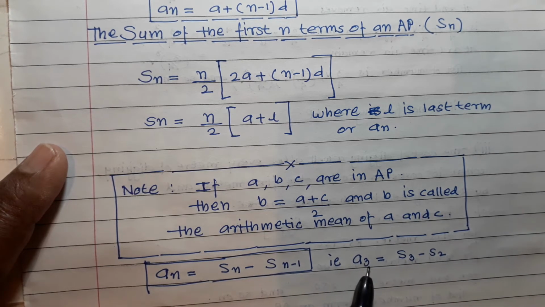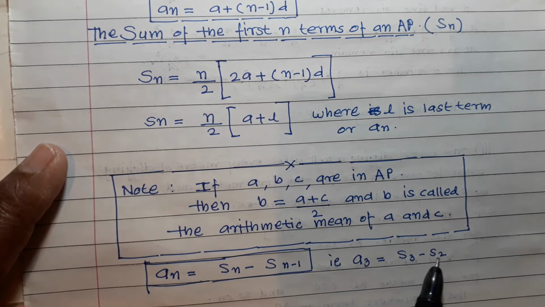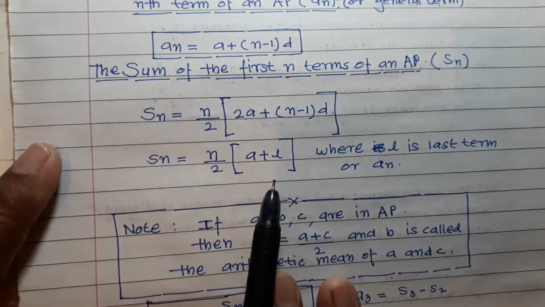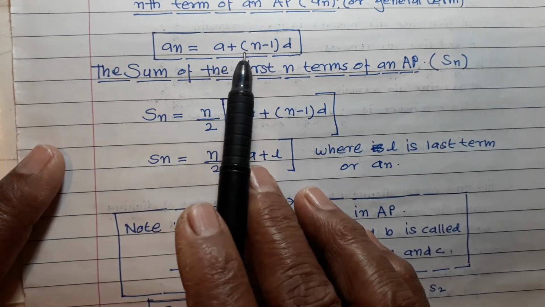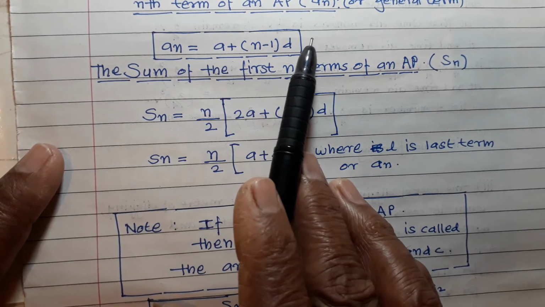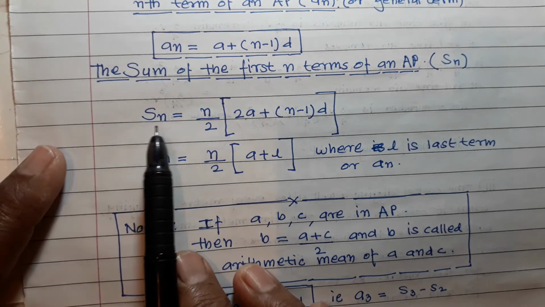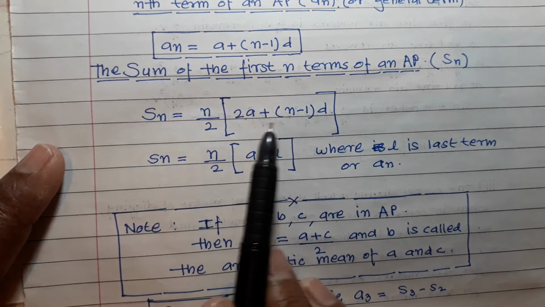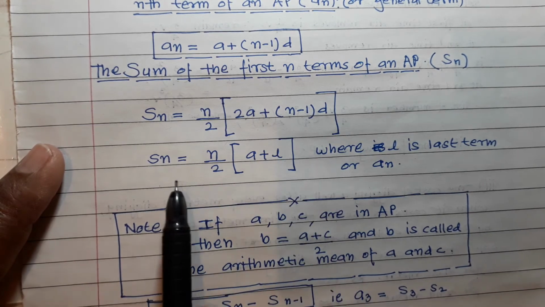That is, a3 is equal to S3 minus S2. Okay, so these are the formulas. First formula: an is equal to a plus (n minus 1) into d. Then the formula for the sum is n upon 2 into (2a plus (n minus 1) into d).